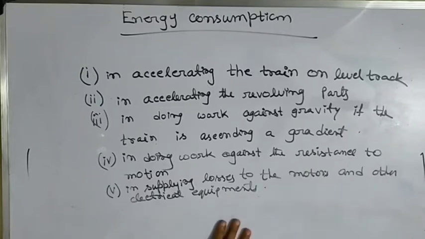The energy supplied during acceleration is stored in the form of kinetic energy. Part of this energy is used during coasting and the remainder is dissipated partly as heat in the brake shoes and partly it is fed back to the supply system in case regenerative braking is resorted to.